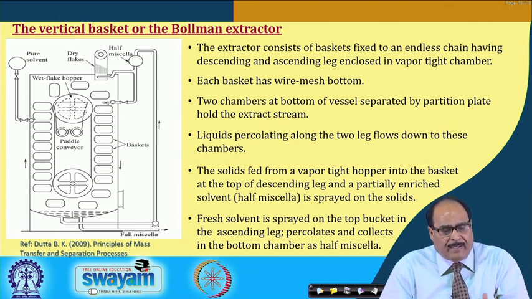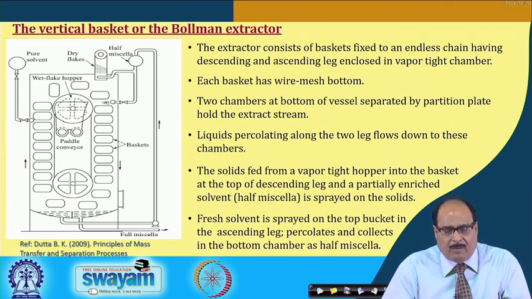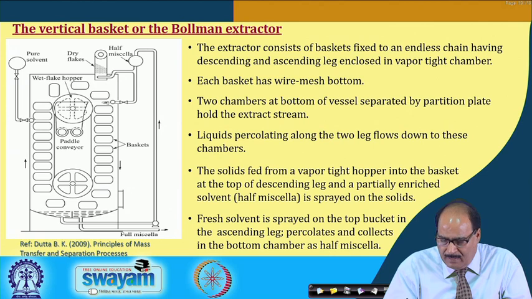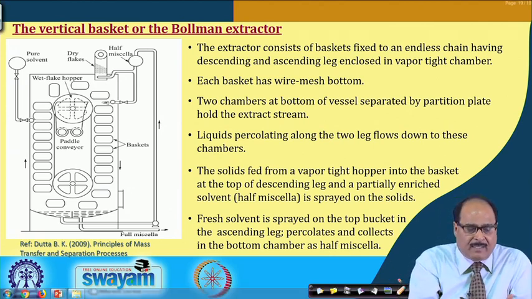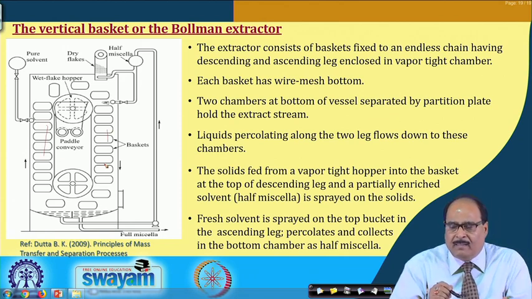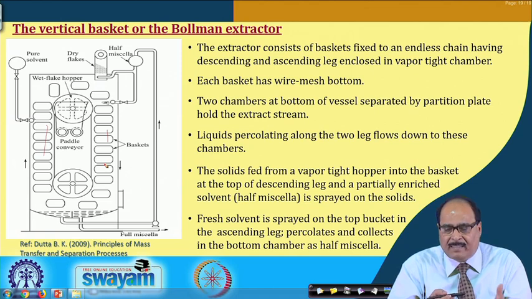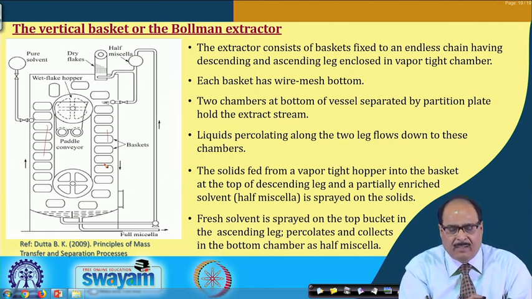The vertical basket or Boltzmann extractor, you can see here in this figure. This extractor consists of different baskets fixed to an endless chain having descending and ascending leg enclosed in a vapor tight chamber.